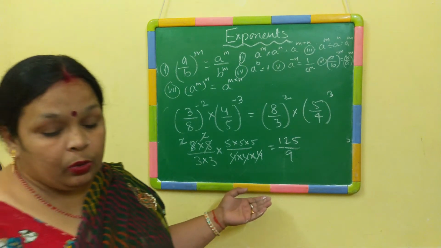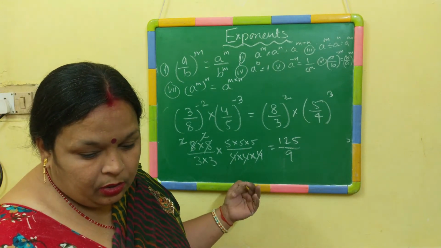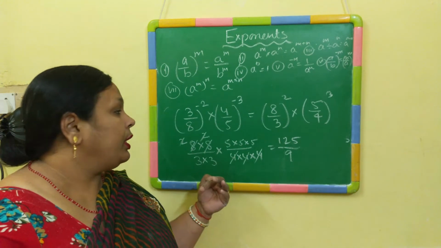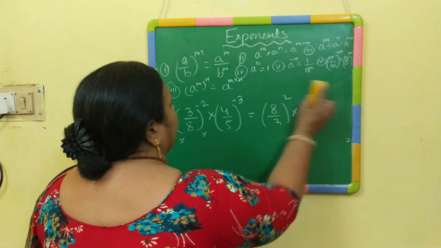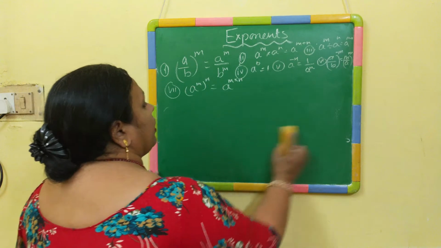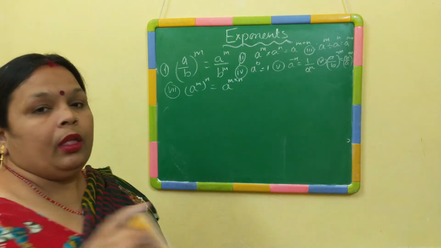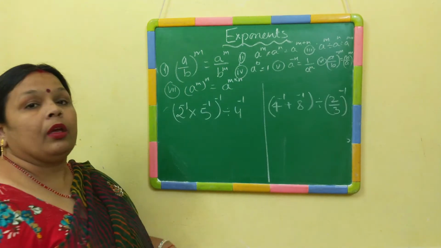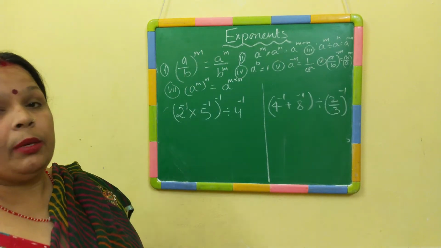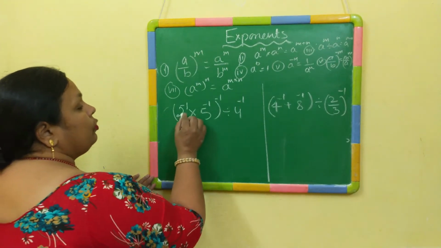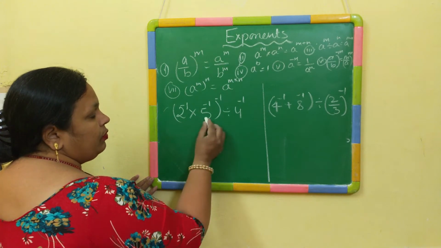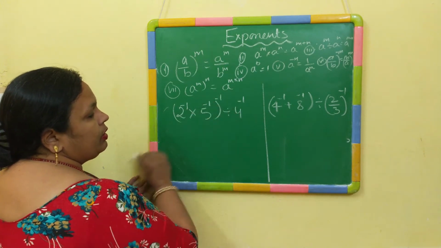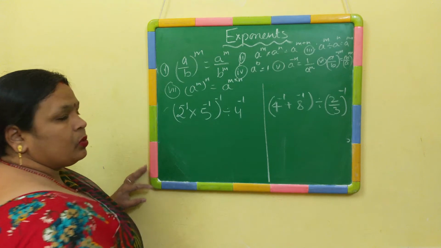Now, we will be taking one more example. The next example is 2 power minus 1, 5 power minus 1 whole power minus 1, divided by 4 power minus 1.